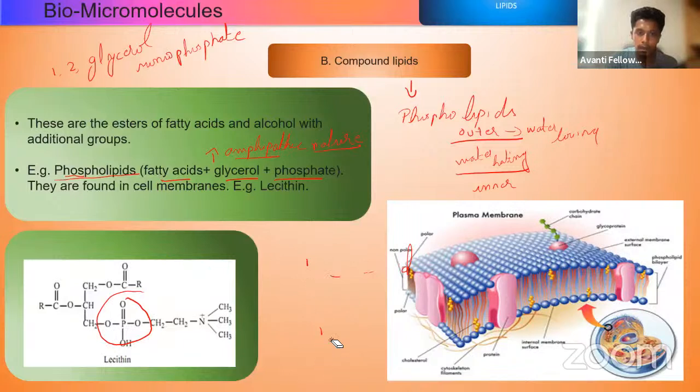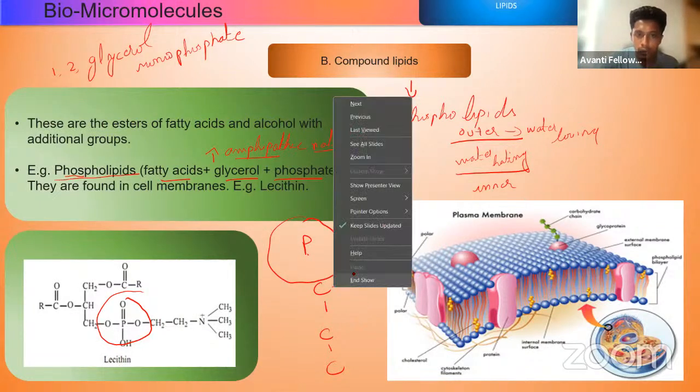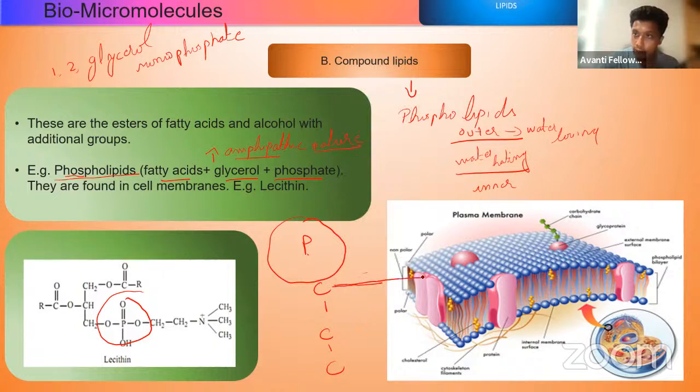For example, if you consider the structure of your phospholipids, you have carbon, carbon, and carbon, which is a glycerol, and here you have a phosphate molecule attached, and then let us say that here you have a saturated fatty acid, and here you have an unsaturated fatty acid attached to the glycerol molecule. We have 3 components you can see here. One is a fatty acid component, one is a glycerol component, and the other one is a phosphate component.